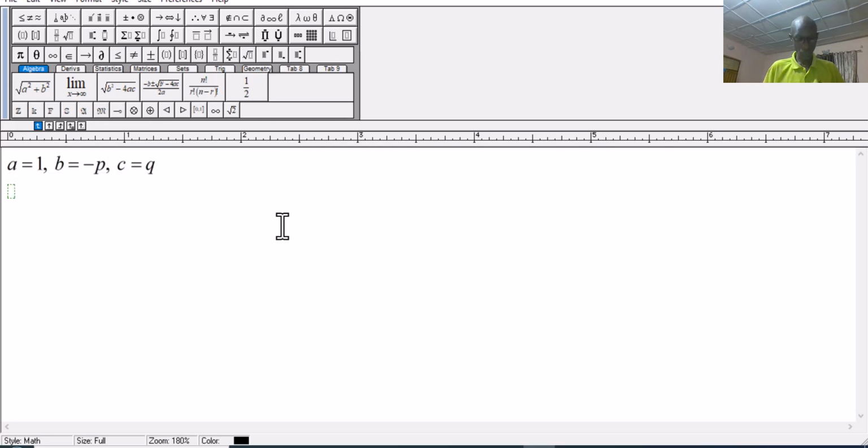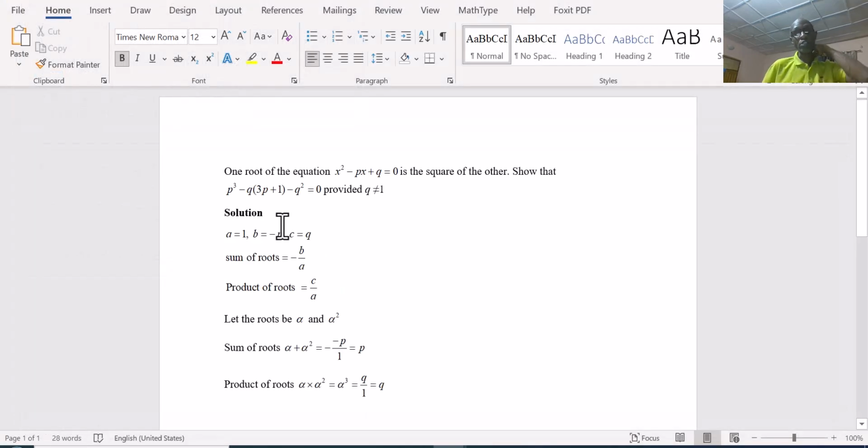Sum of roots is equal to minus b over a. Product of roots is equal to c over a. I need to explain that so you will not wonder how I got this.